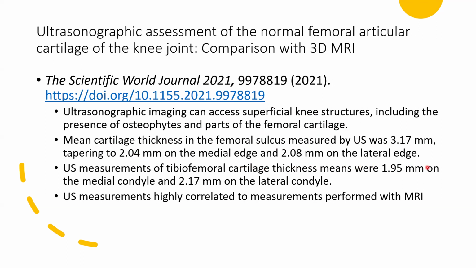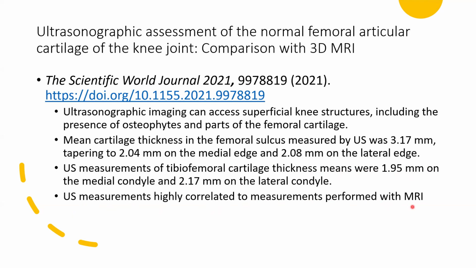When you get onto the actual condyles themselves, a little thinner still, particularly on the medial side. 1.95 millimeters was a typical cartilage thickness, and 2.17 on the lateral condyle. But probably the best part from our standpoint is these measurements really highly correlate with what is found on an MRI.